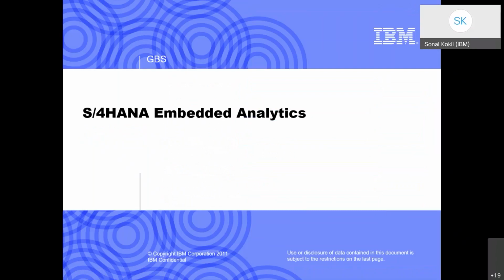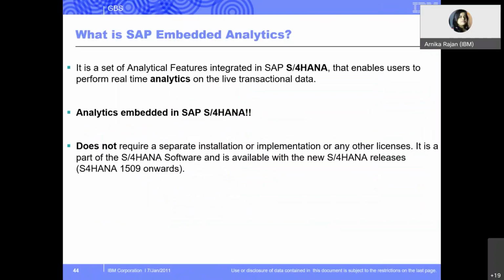Okay, so this is HANA embedded analytics. We already came across this one. It enables the user to perform real-time analytics on the live transactional data or operational data. The key concept is that we have embedded analytics enabled, so we can do real-time operational reporting.